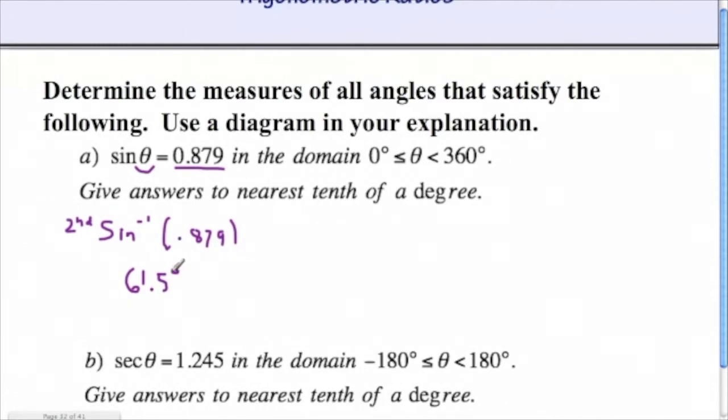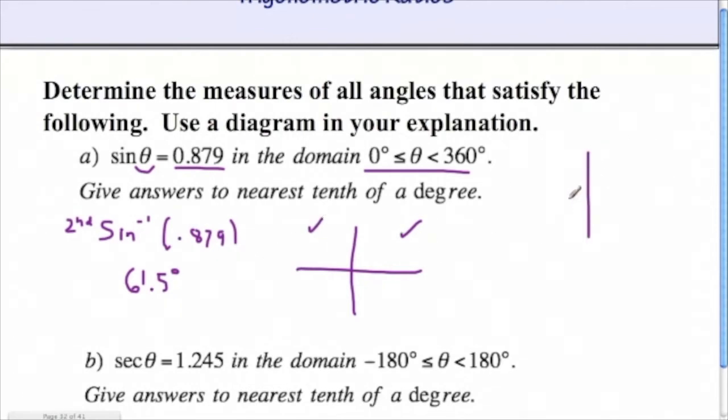Now we need to find it between these. Once we got our reference angle, we know we can plot this. We're doing a sine question, and it's positive. So sine positive is here, and sine positive is here. How do I know that?